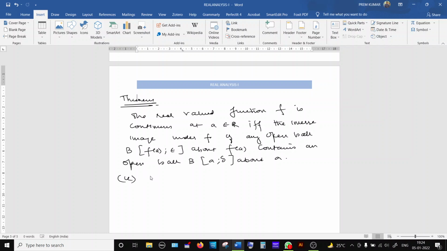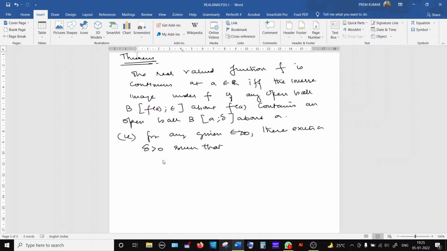That is, in words this is given, and now I am going to write it in terms of inverse images. For any given epsilon greater than 0, there exists a delta greater than 0 such that the inverse image of B of f of a, epsilon should contain the open ball B of a, delta.